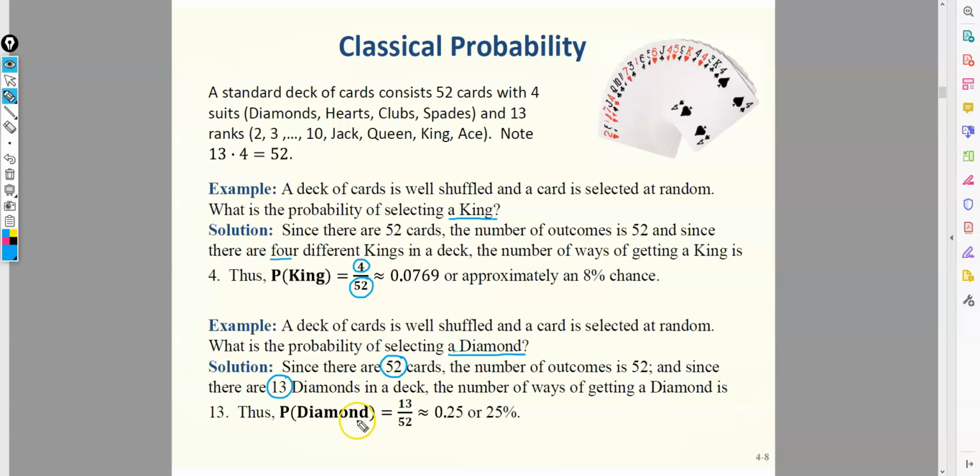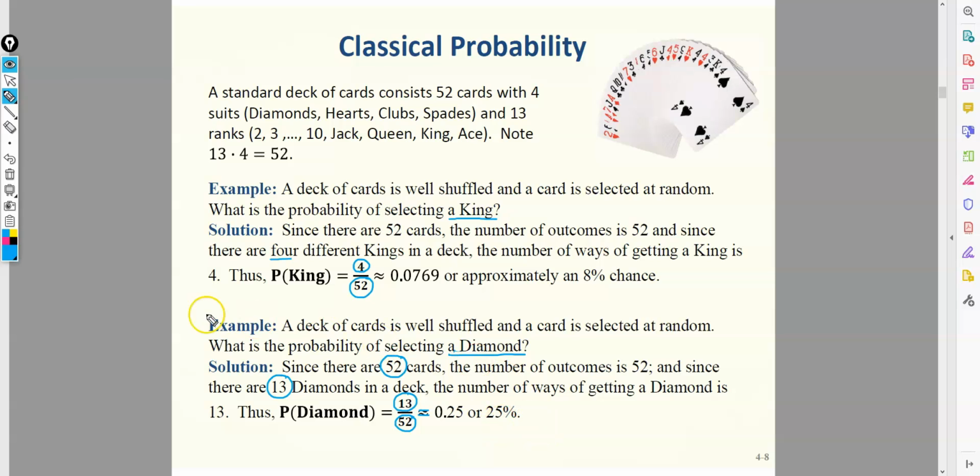So the probability of drawing a diamond is going to be 13, the number of ways you could get a diamond, divided by 52. And that's actually exactly equal to 0.25 or 25%.